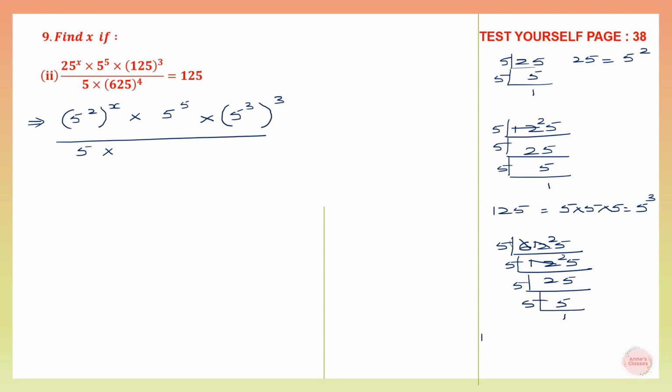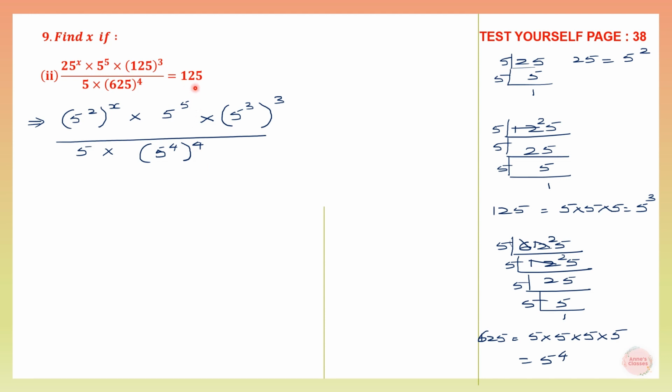So 625, the prime factors are 5 into 5 into 5 into 5. That means 5 raised to the power of 4. So here we can say 5 raised to the power of 4 is 625, and that is raised to the power of 4. So what you've done is this 625 is 5 raised to the power of 4, and that is raised to the power of 4 again.